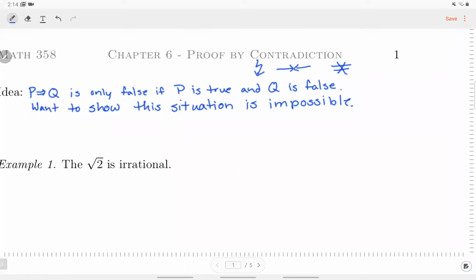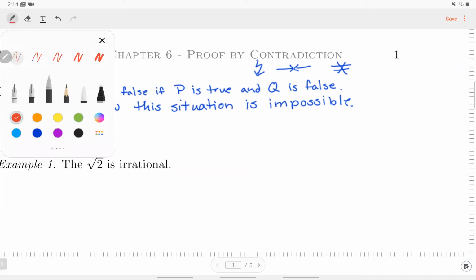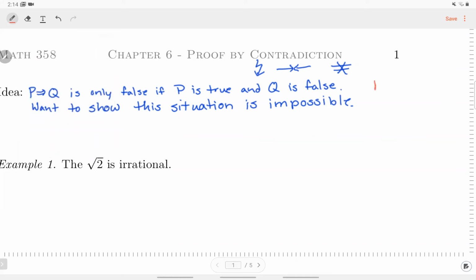Another way to view this, if you look at truth tables, P implies Q is the same as not P or Q. Some of you got confused with this on the homework where you had to negate conditionals. You were having a hard time negating conditionals. But P implies Q is logically equivalent to not P or Q. They have the exact same truth tables. So what do I get if I negate that?